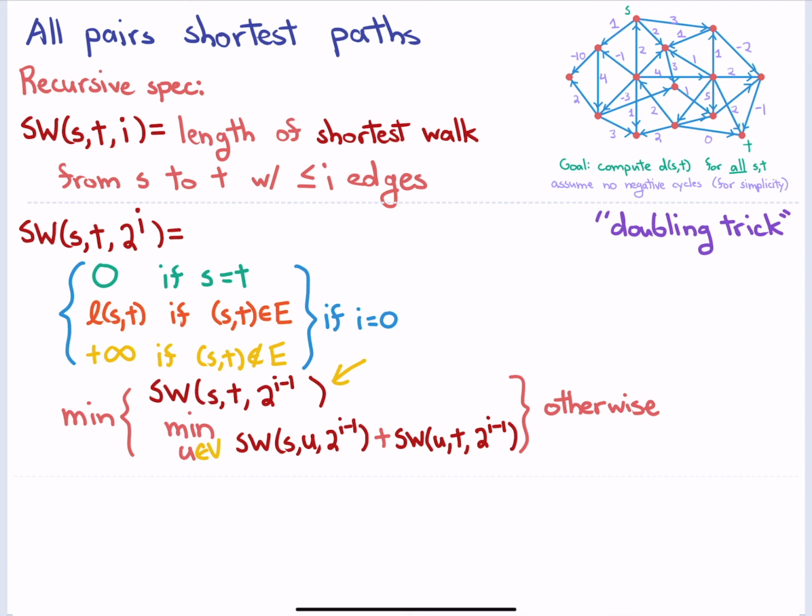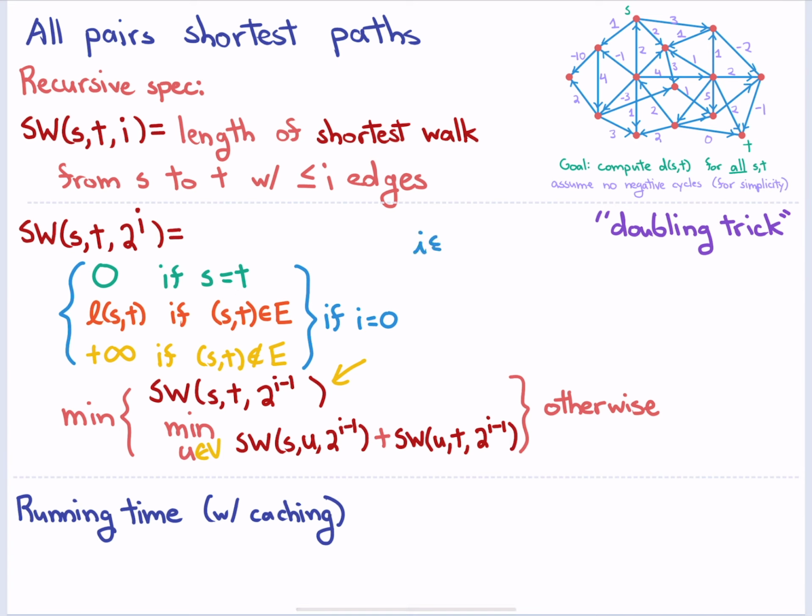What is the running time now of this algorithm? Mn log n. Okay, so let me break that down slowly. At some level, what's the largest value of I we will need? Log n.